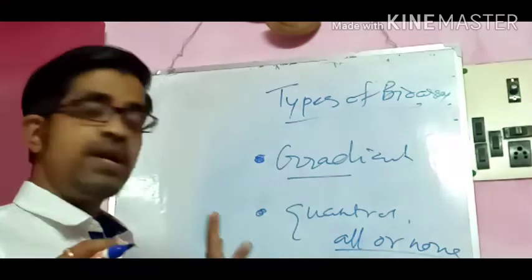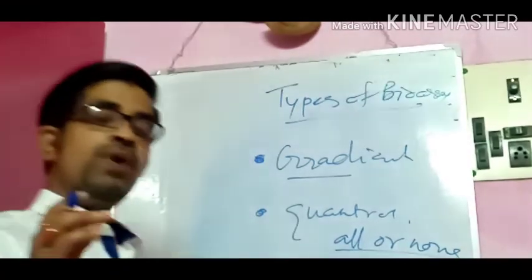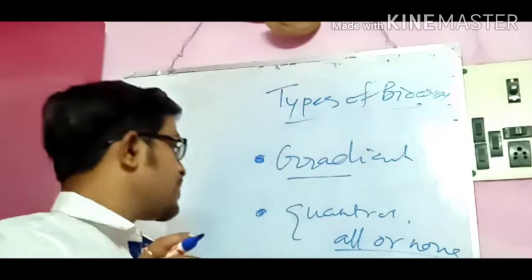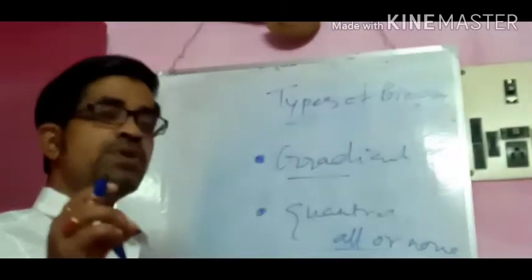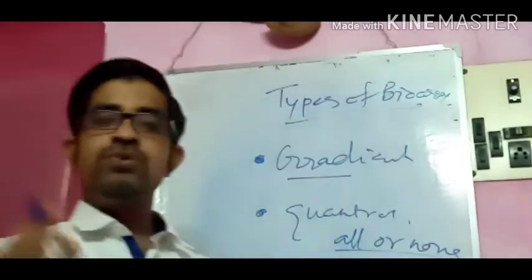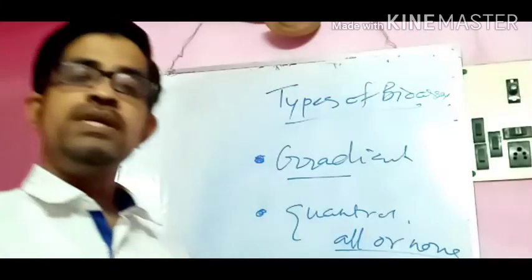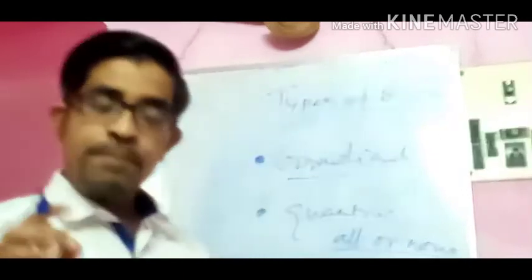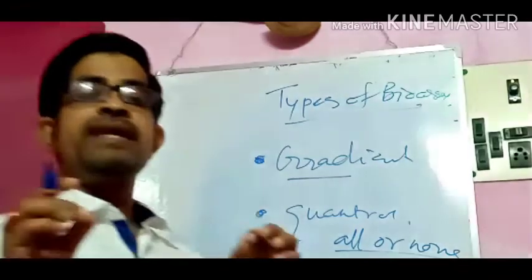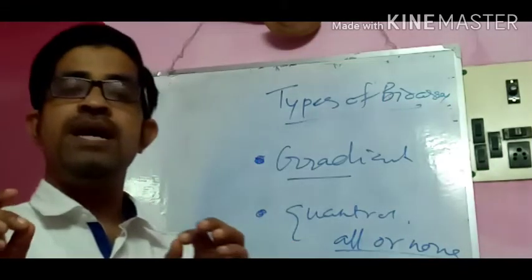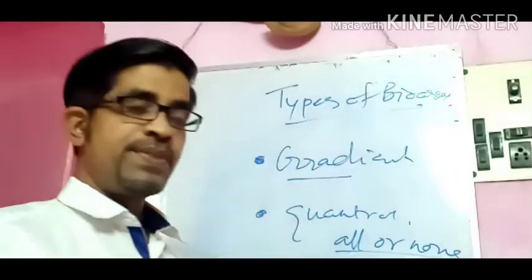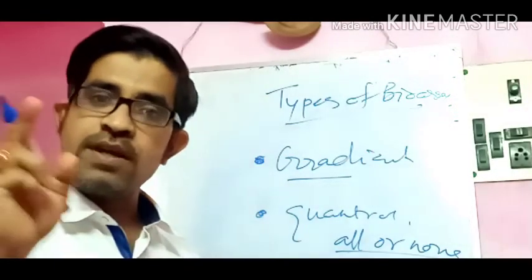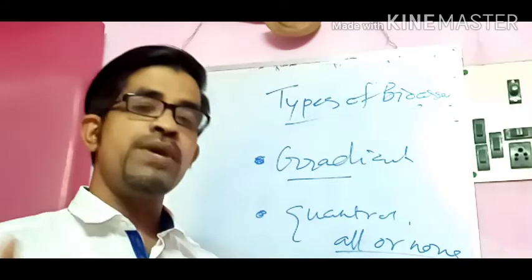Suppose you are taking a tissue, and on that tissue you are going to give a drug. A very good example: acetylcholine on the smooth muscle. Acetylcholine produces contraction on the smooth muscle, which is known to you.